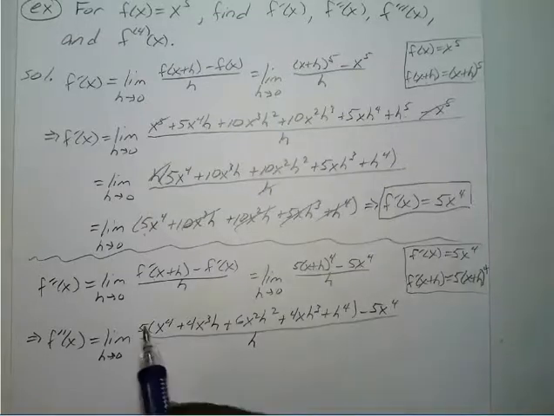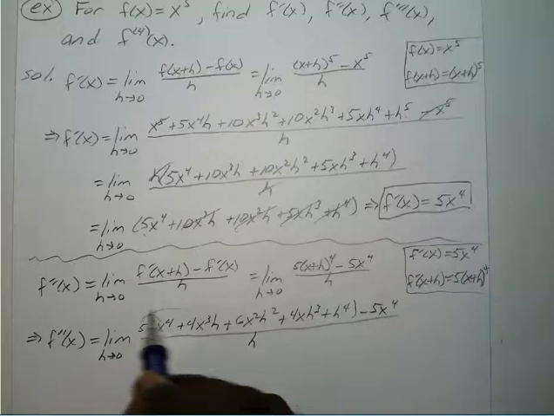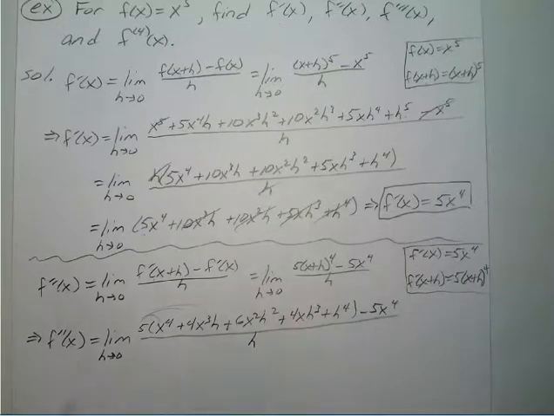Now we have to get rid of these parentheses, so we go ahead and distribute that 5 to each of those terms.